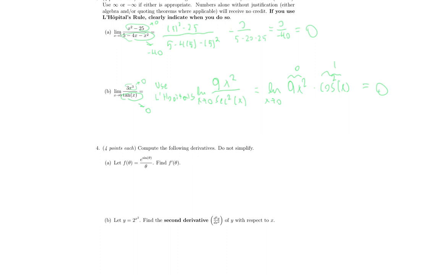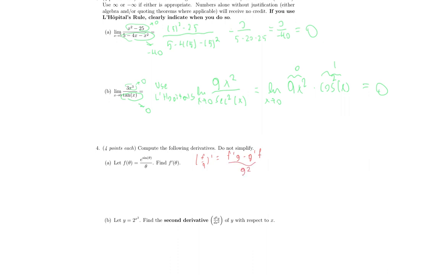Okay? So now this wants us to compute the following derivatives. I'll switch color because it's a different problem. And do not simplify. So this is more so just checking in to see if you know a couple of your rules. So whenever we do this one, we have something on top, something on bottom. This is going to be some form of quotient rule, which is that if you have f over g, it's going to be f prime g minus g prime f over g squared.